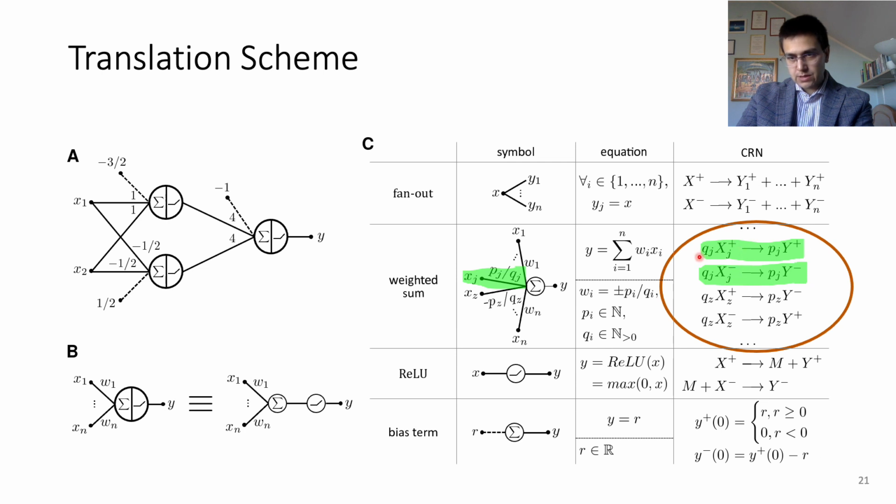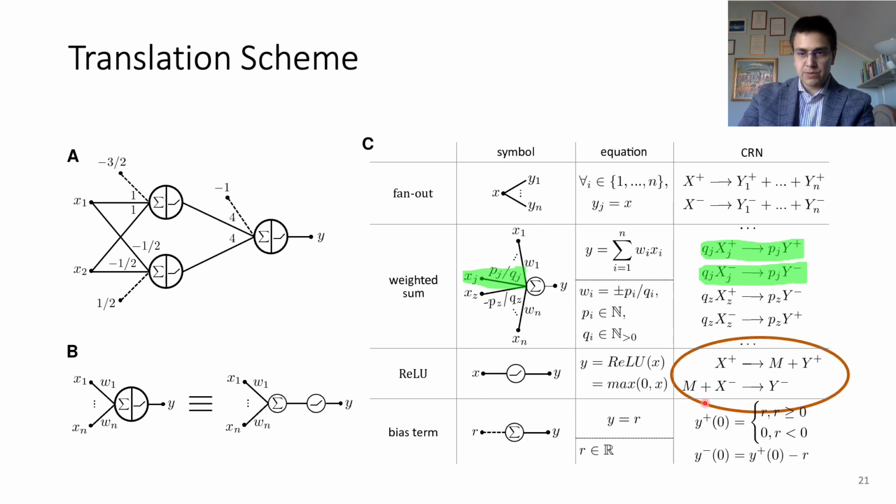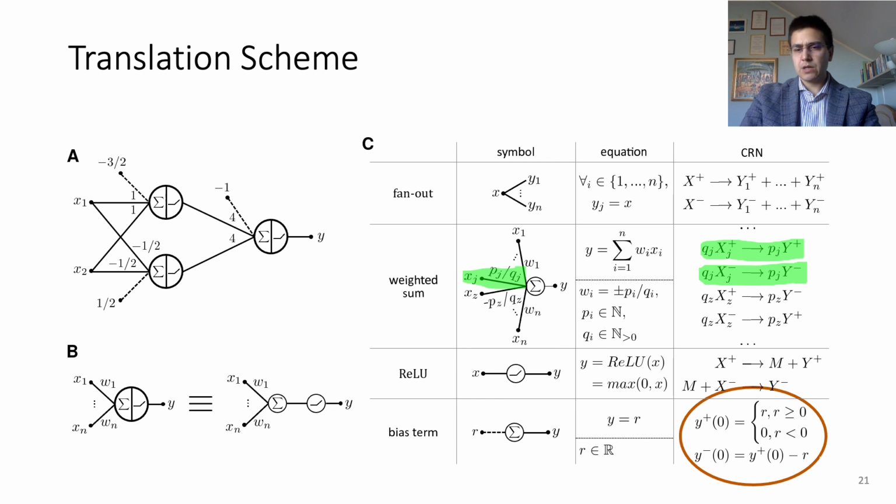Looking at this reaction, we have qj molecules of xj going to pj molecules of y. In that way we get this rational weight, pj divided by qj. ReLU is implemented with the CRN I showed before. And finally, bias terms are simply implemented by initializing certain concentrations of certain species to appropriate values.